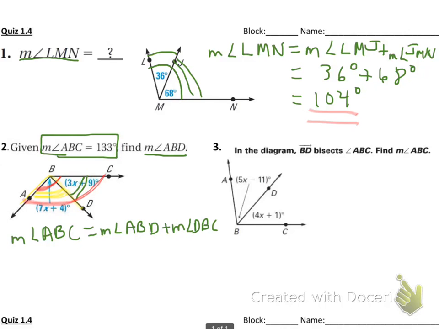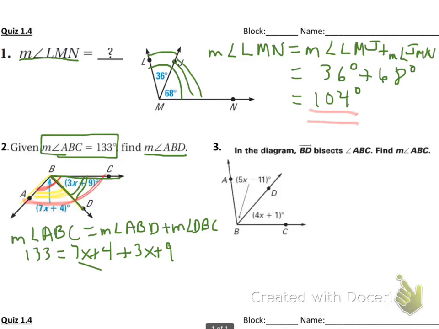Okay, so let's go ahead and put some numbers in. Well, we know this is 133. We know that ABD is 7x plus 4. We know DBC, D to B to C, is 3x plus 9.